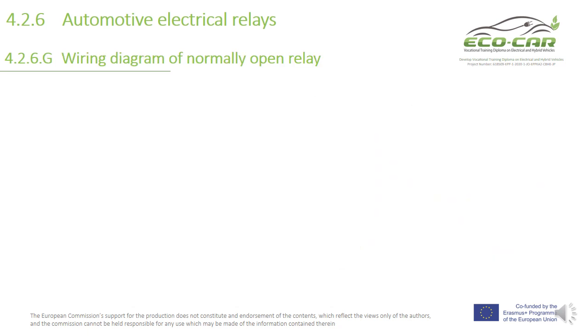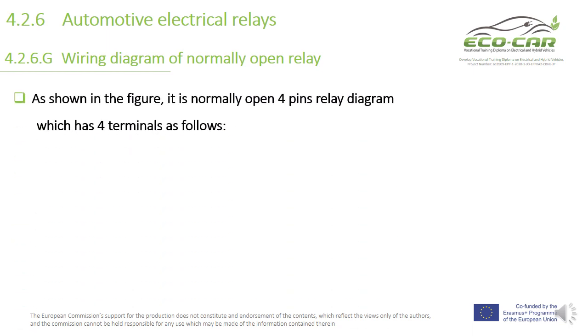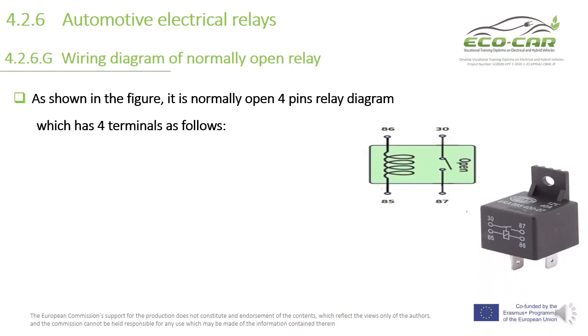Wiring diagram of a normally open relay. As shown in the figure, it's a normally open 4-pin relay diagram which has 4 terminals. This is the coil, the control side, and this is the load side.